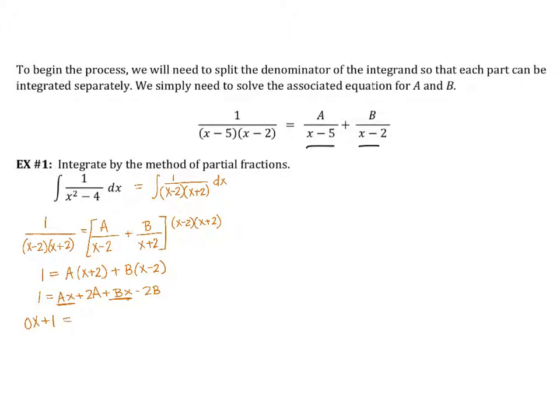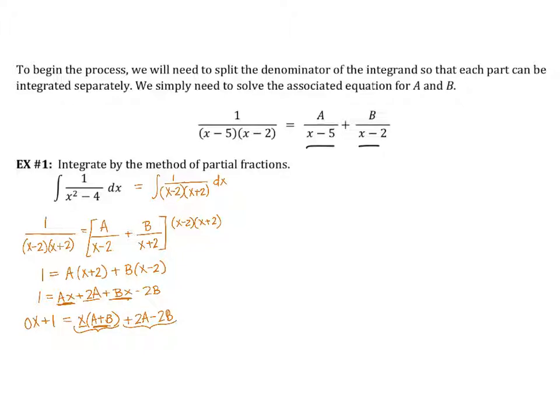And then here I'm going to put those together and factor out an x, so I'm going to have A plus B, and then plus 2A minus 2B. Now these are going to make up our constant value because A and B are just values. And this first part is going to be our linear part just because here you have your x. And A and B are what we're trying to find.